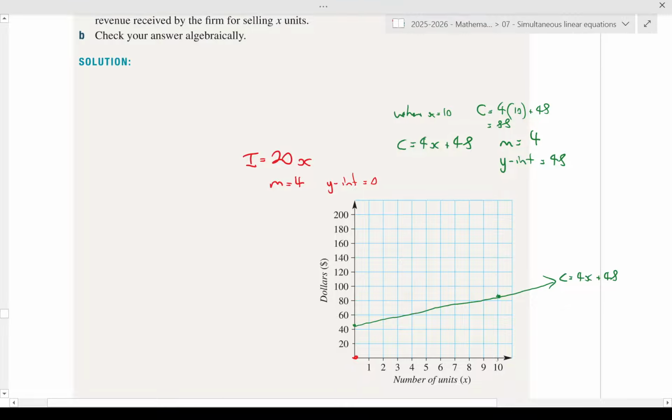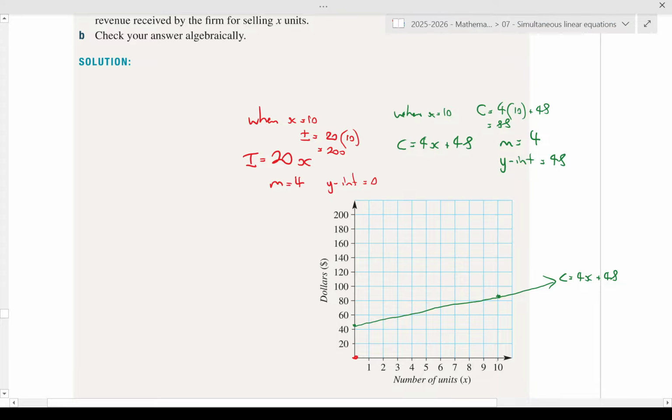So to do this, once again, what's probably easiest is to go, okay, what happens when they sell 10? So when x equals 10. I like being able to sub one in so that we can work out what it is at that point. It makes our life a lot easier. So when x equals 10, I equals 20 times 10, which means it's 200, which is great because I can go straight over there and put the dot right there.